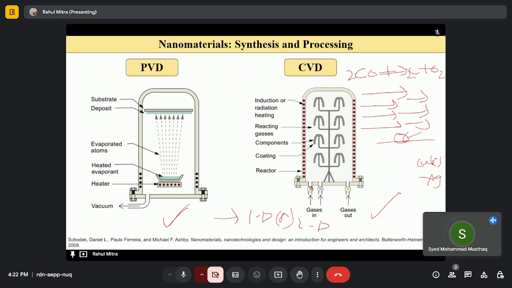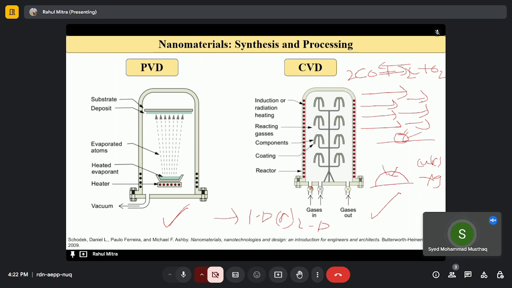The forward reaction is this one, and the reverse reaction is the gasification reaction. So if we maintain the temperature so that we have the reverse gasification reaction, then we have the formation of carbon. The carbon will start depositing onto the copper or silver substrate and start to diffuse into the copper substrate.